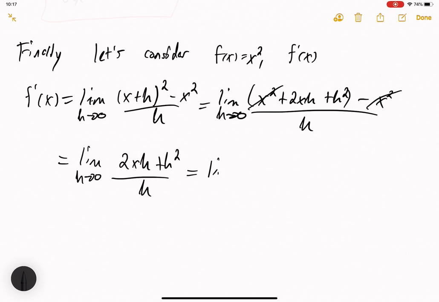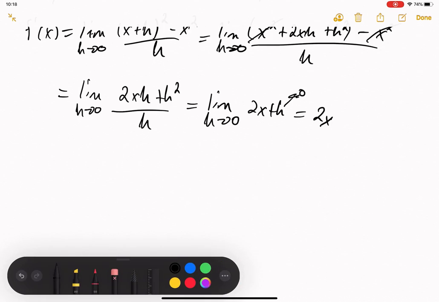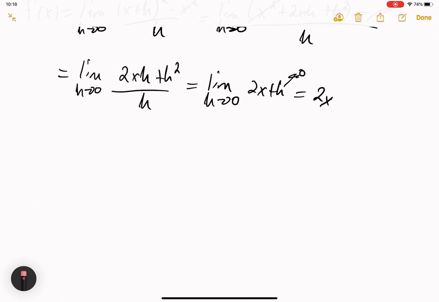And then those h's will cancel, leaving you with just 2x plus h. And then when you take the limit as h goes to 0, the h will go to 0. Therefore, you just get 2x. So what we get is that d/dx of x squared is equal to 2x.